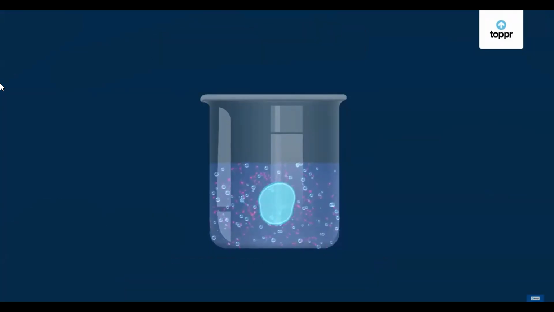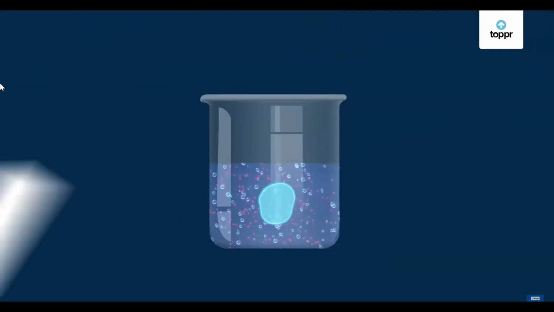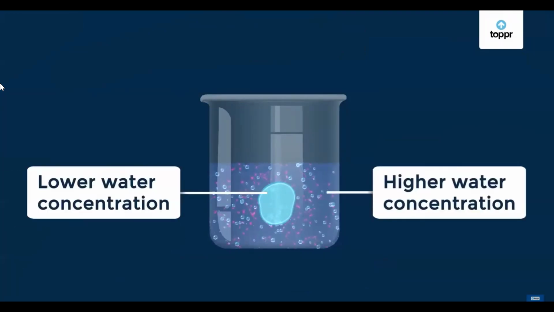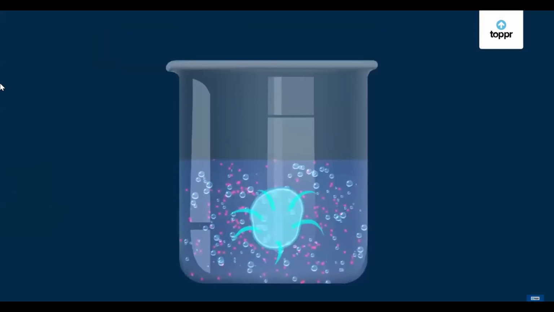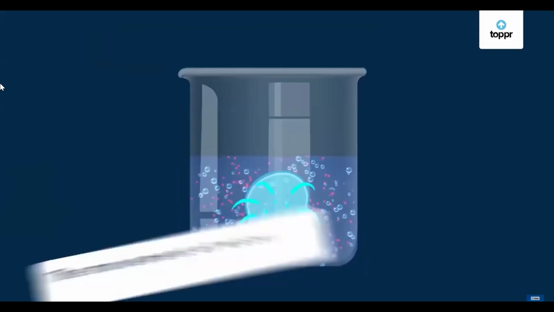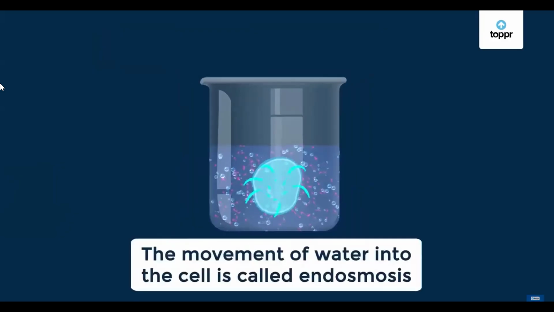Second possibility is, if the water concentration in the surrounding salt solution is more than that inside the cell. The salt solution in this case is said to be hypotonic. Here, the water rushes into the cell, causing the cell to swell. This movement of water into the cell is called endosmosis. The term endo means entry.